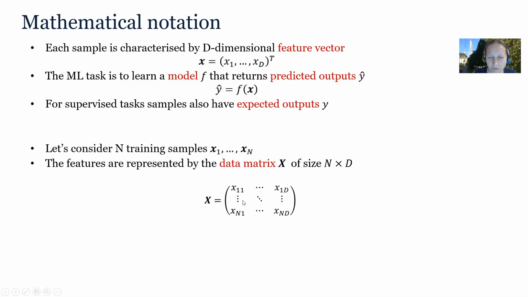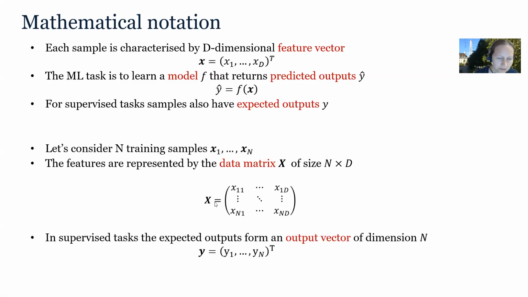So here is the matrix, and you can see that the rows of this matrix are formed by the d-dimensional feature vectors. So the rows actually correspond to different samples. That's why we have n rows, which is the number of samples, and columns correspond to different features. That's why we have d columns.